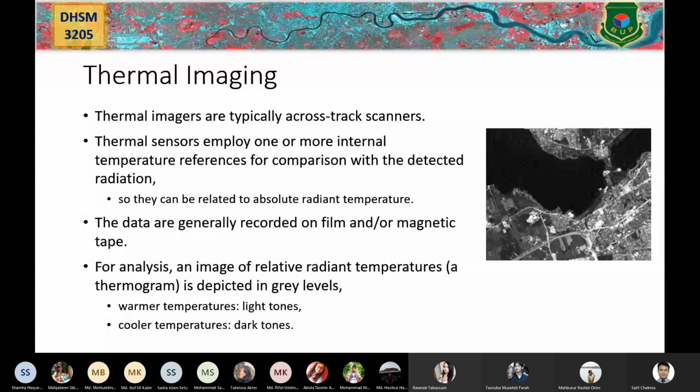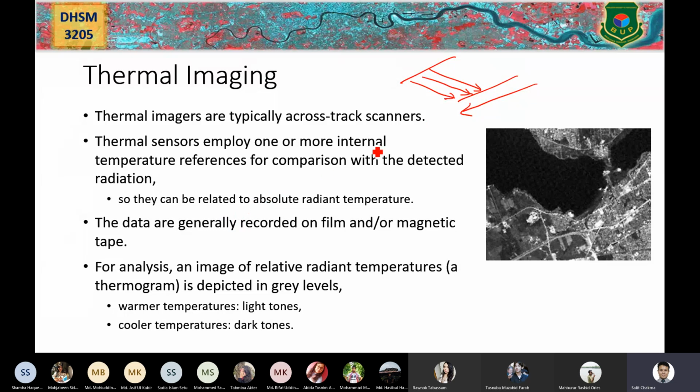Now the thermal imaging systems are across track scanners. And what's an across track scanner? If this is the swath, they go from like this. Instead of going forward to backward like a push broom, they work like a whisk broom, if you can recall from earlier classes.